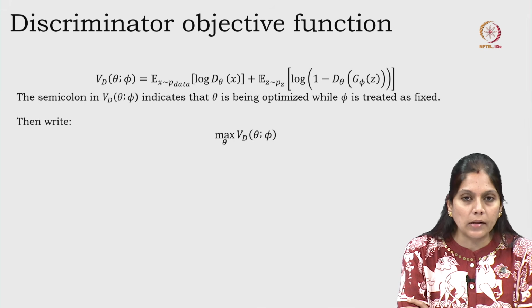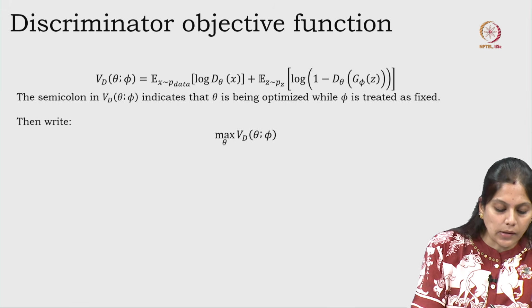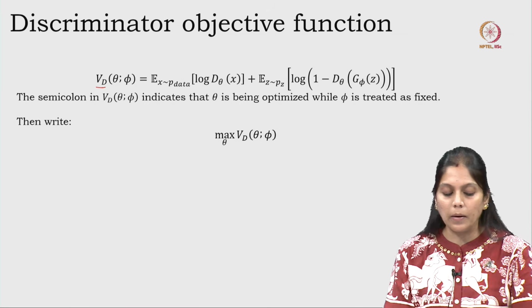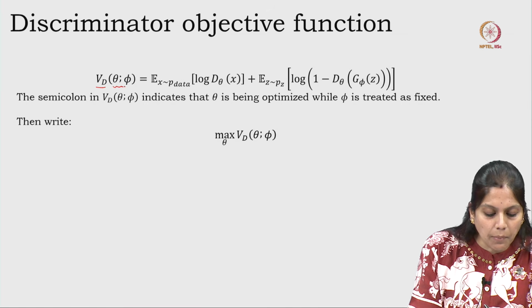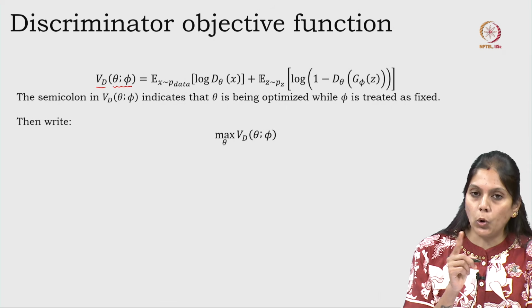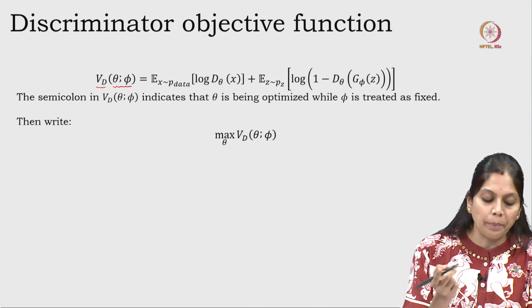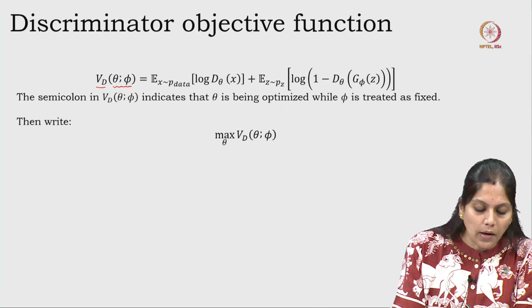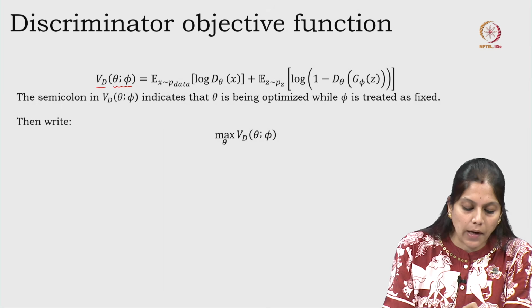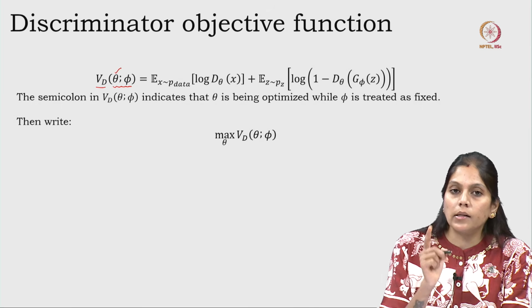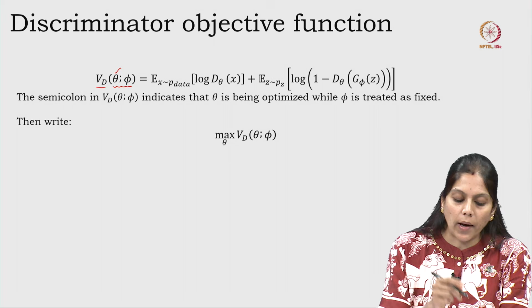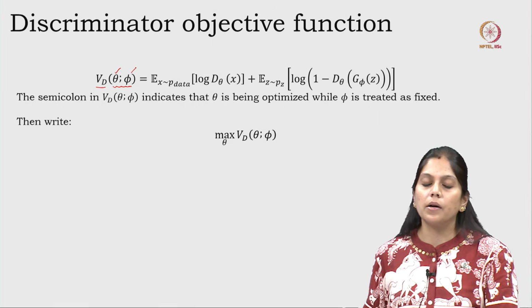Therefore, we can write it as VD, the value function of a discriminator D. Now this term indicates here you have two, theta as well as phi. So this semicolon in this particular term indicates only theta is being optimized, while this phi is kept fixed.